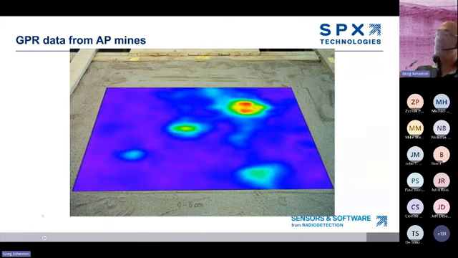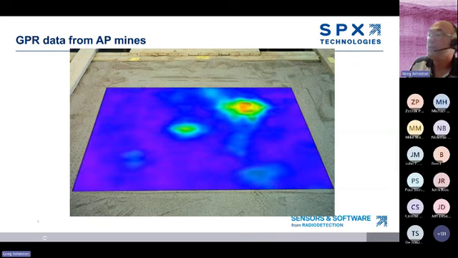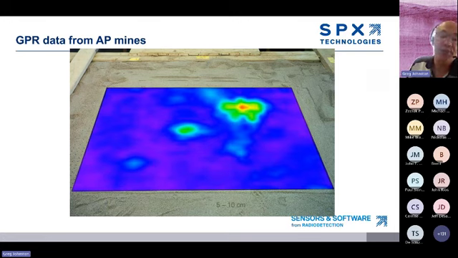We buried them in controlled pits and then showed how they could be imaged with ground penetrating radar. So GPR is part of the solution for this particular problem, but my experience is that it's not the only solution. You really need to throw multiple technologies at this problem.